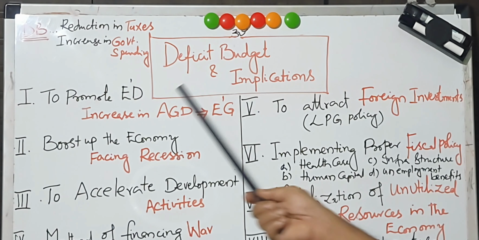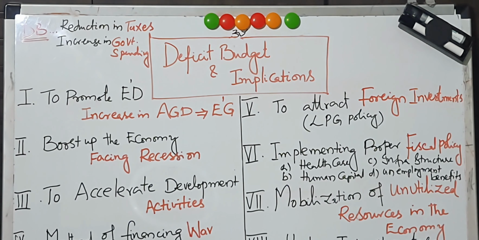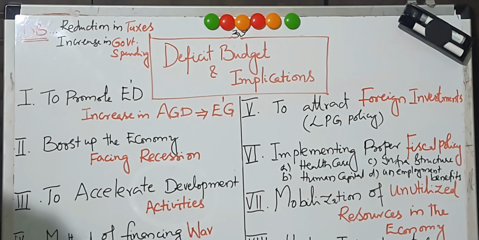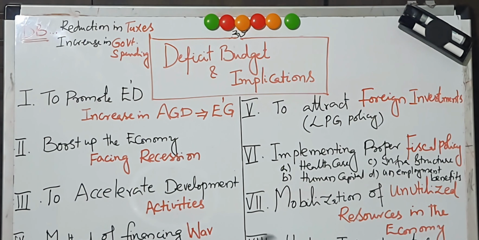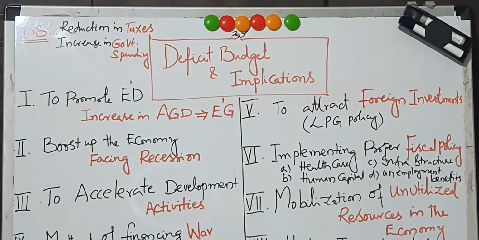So government is spending on different activities, lowering taxes without increasing the income tax and corporation taxes, raising infrastructure facilities. There is a need of increasing infrastructure expenditure and investment to attract foreign capital. Deficit budget also attracts foreign capital and boosts the economic growth of developing countries.